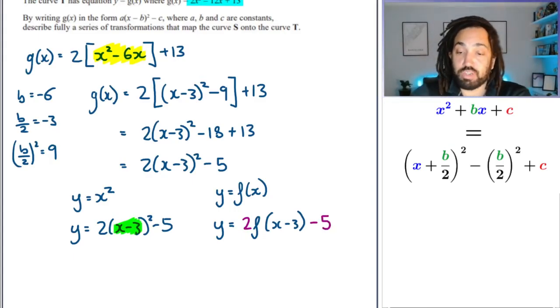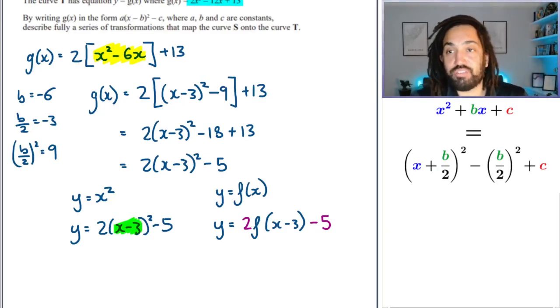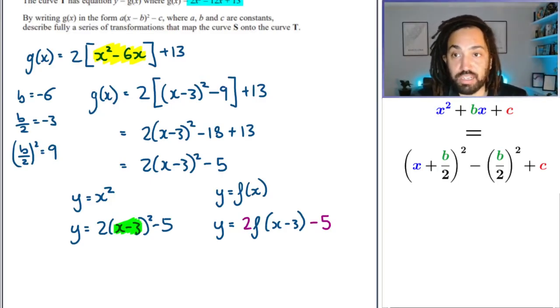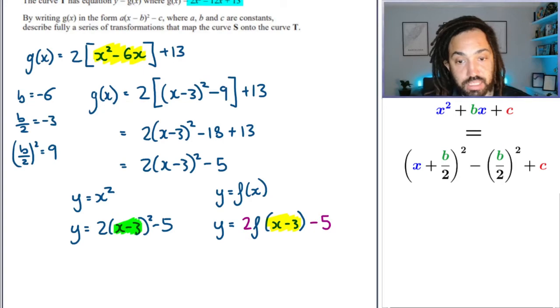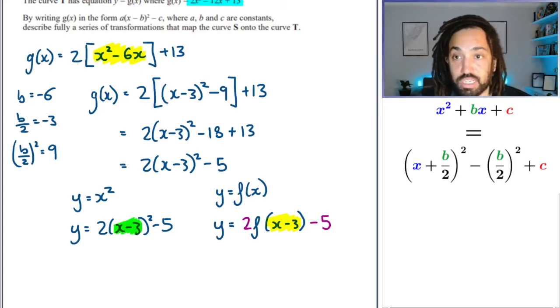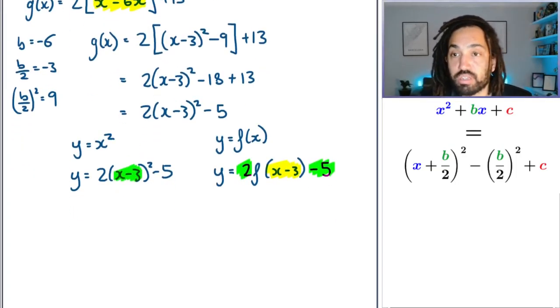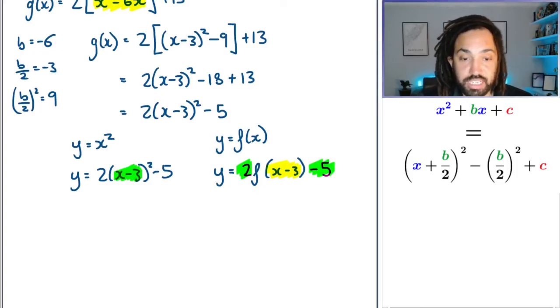Now you remember from graph transformations that if you have anything inside the bracket, like this, it affects the x coordinate. And if you have anything outside, it affects the y coordinate. So that's going to affect the y, and that's going to affect the y. Okay, so how is this going to affect the x?